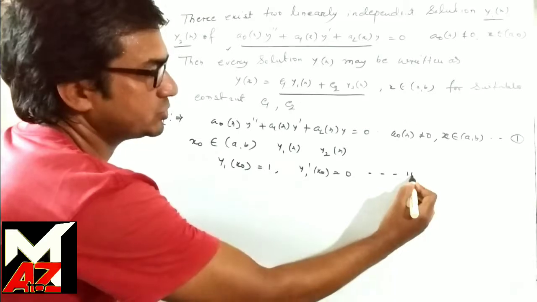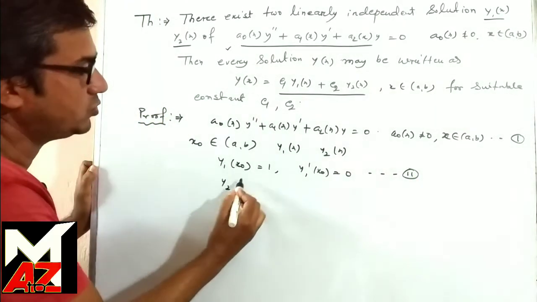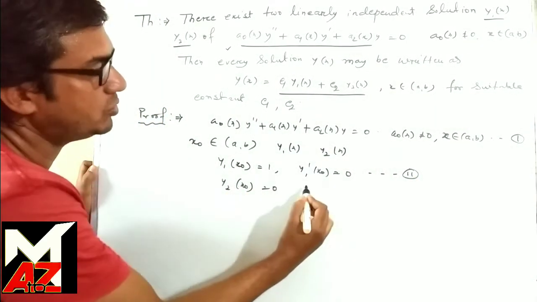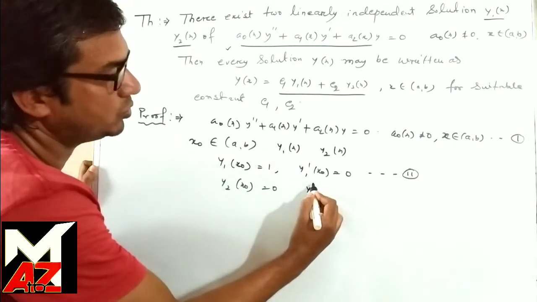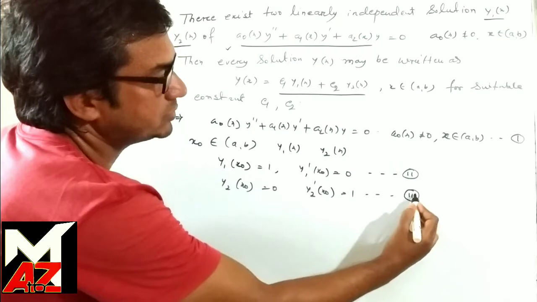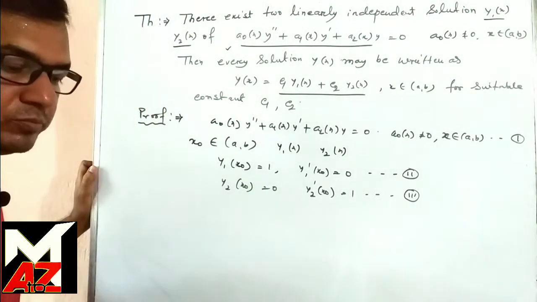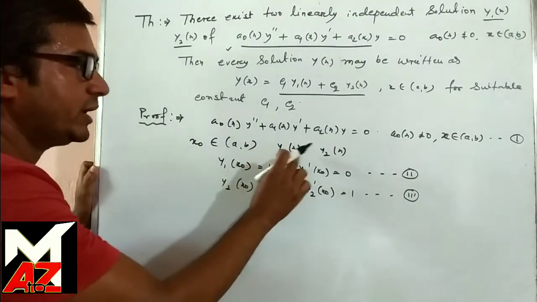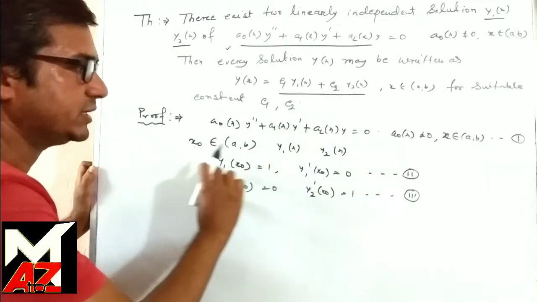This is named as 2. And y2(x0) = 0 but y2'(x0) = 1. These two results we assume, where y1 and y2 are two solutions satisfying these relations.